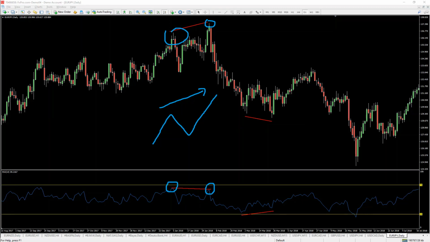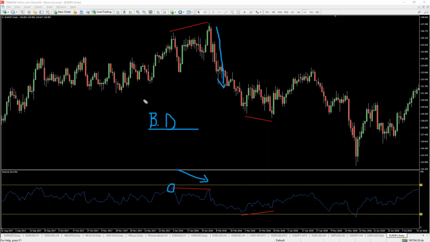On the indicator, at the same time, we are seeing the indicator is creating lower highs. And this is what we call bearish divergence. Okay, that shows us weakness in the buyers, and we are likely to see bearish pullbacks or bearish reversals once that appears.